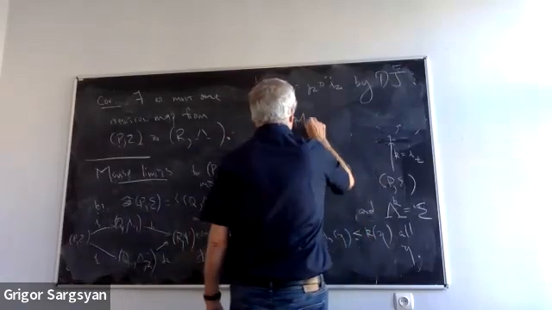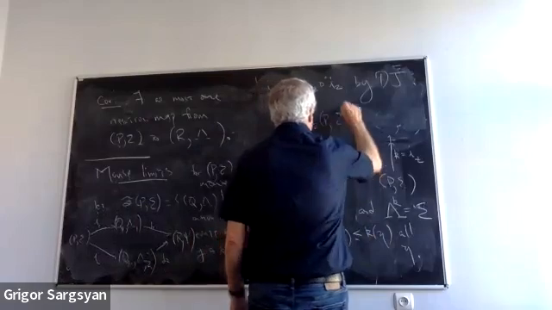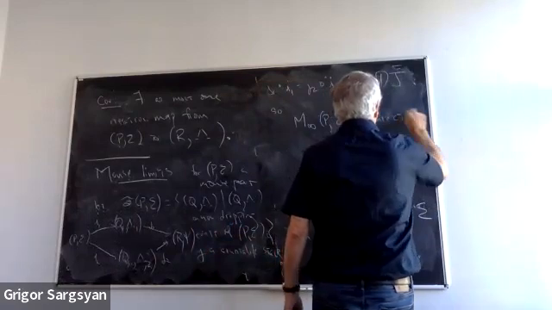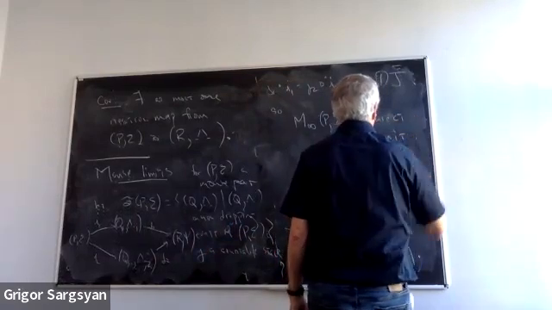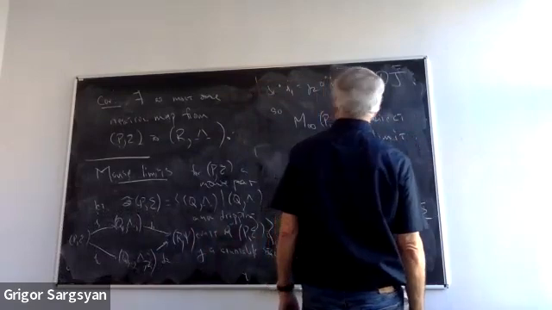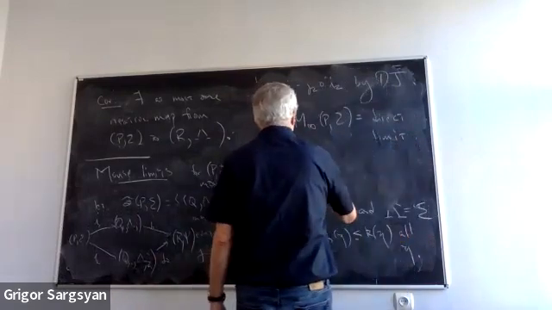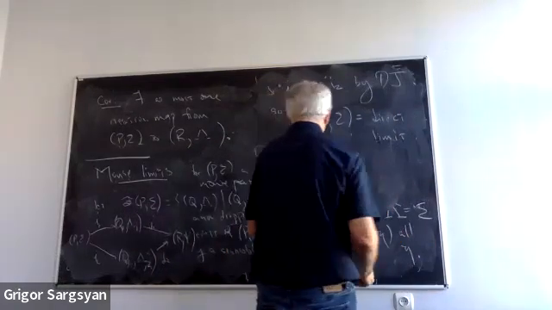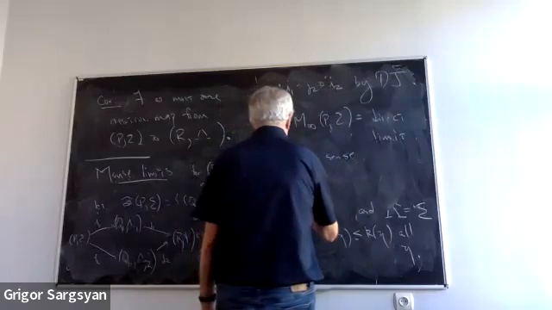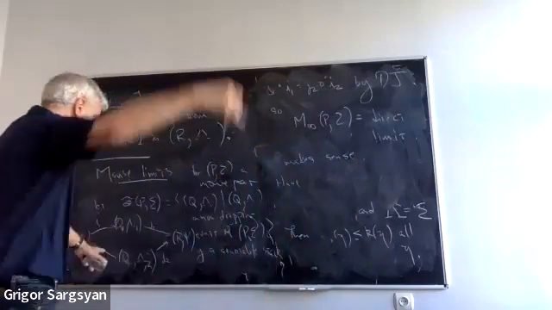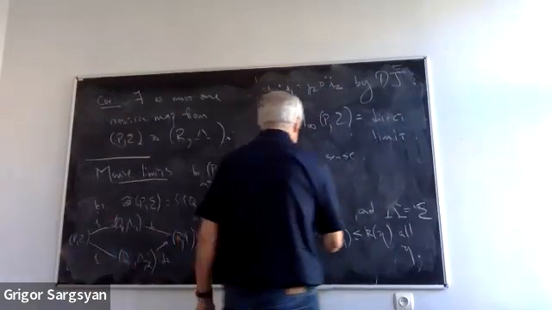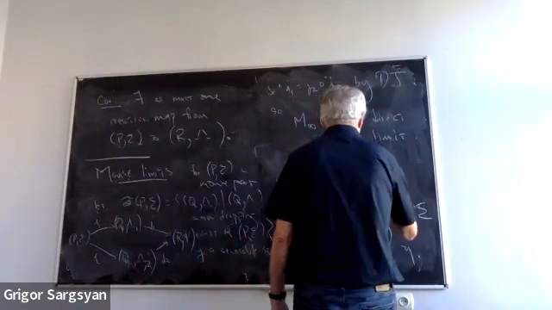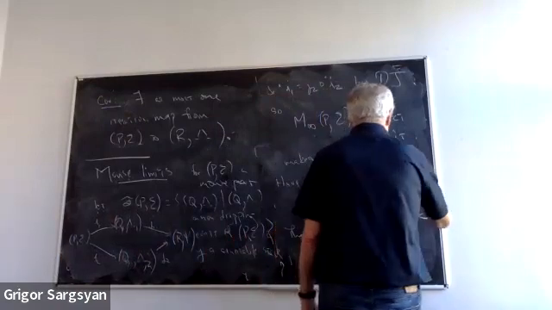Anyway, M infinity of P sigma is the direct limit. Makes sense. And there are maps from any point in the system into the direct limit. So we take the Q lambda in this system.